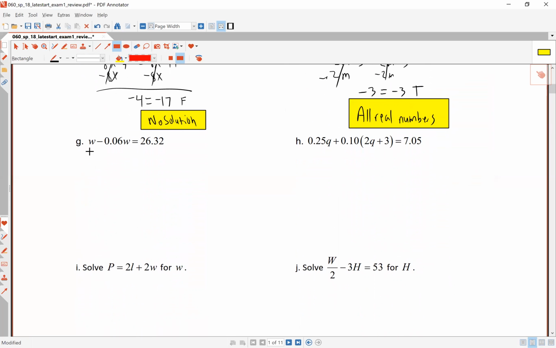Letter G, we solve that one by getting rid of the decimals. And if you got 2 decimal spaces and 2 decimal spaces, that one calls for multiplying by 100. 100 times W minus 100 times 0.06 W and 100 times 26.32.